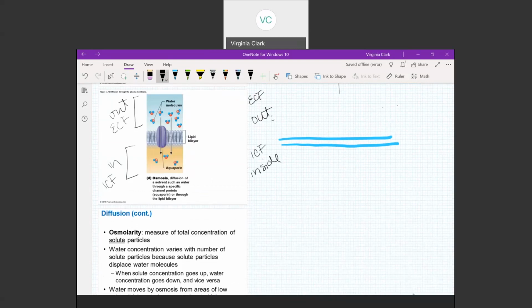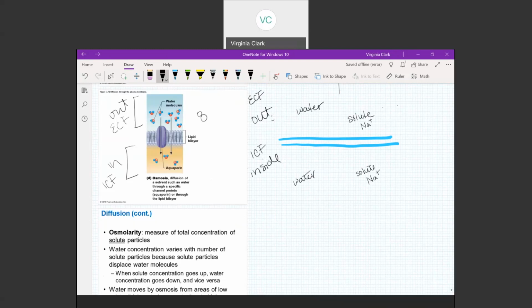What we're doing is trying to move both water and solute. We're going to make this a sodium ion. We have water on both sides, and we have a solute on both sides. However, when we look at it this way, if you look right here, there's 1, 2, 3, 4, 5, 6, 7, 8.